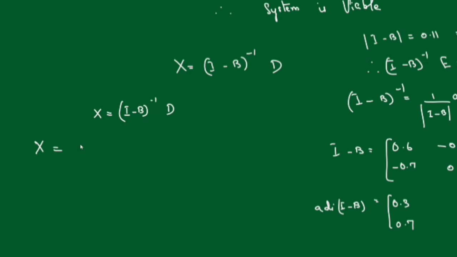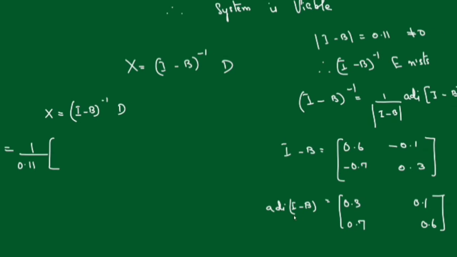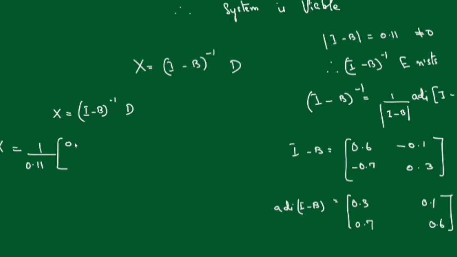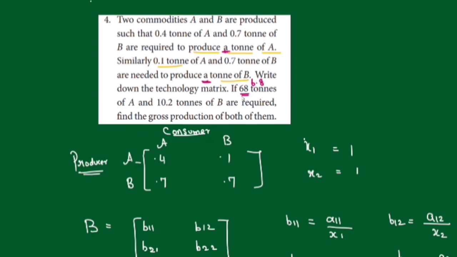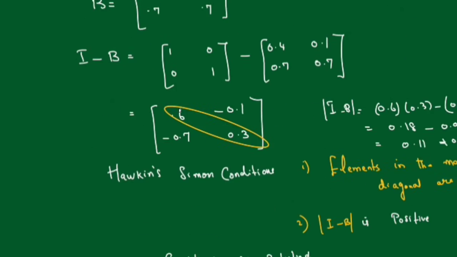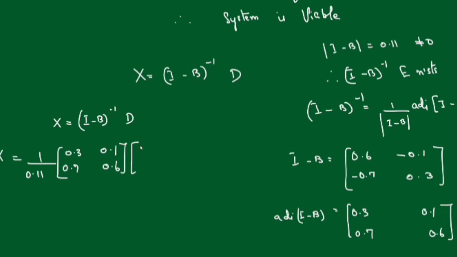It is 1 by determinant, which we have found, 0.11, into the adjoint, which we have also found: 0.3, 0.1, 0.7, 0.6, into the D matrix. What is the D matrix? The demand. What is the demand here? 6.8 and 10.2. So you take the final demand and multiply.